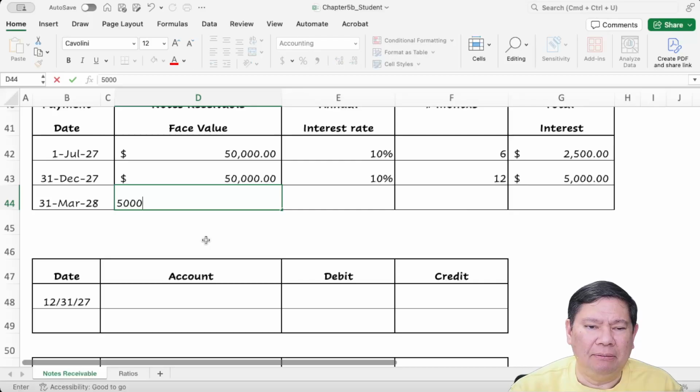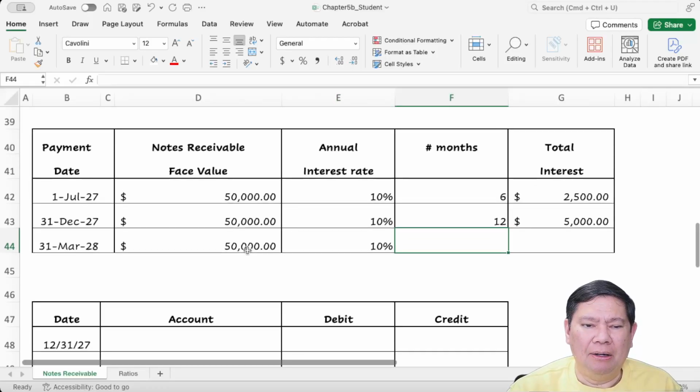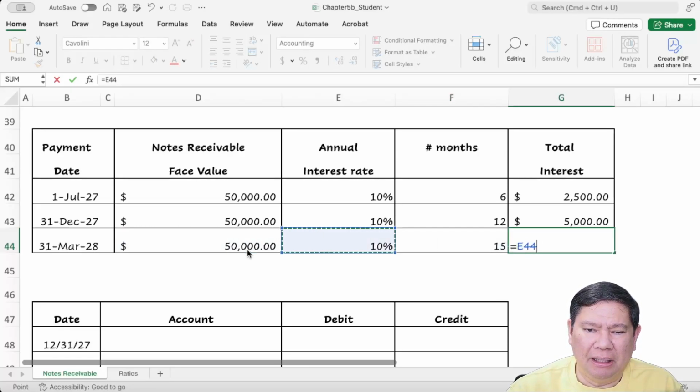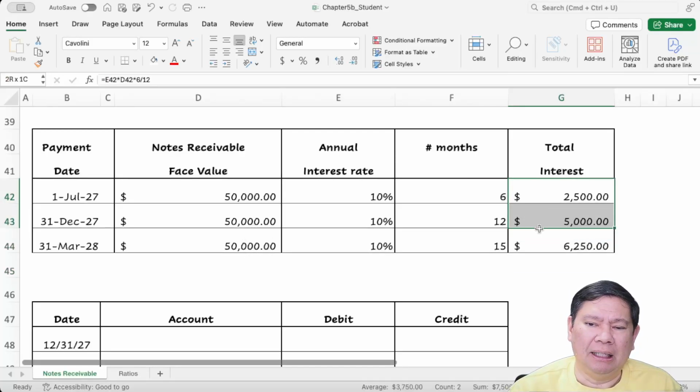The face value is still 50,000. The interest rate is 10%. Okay, but now 12 months plus January, February, and March, 3 months plus 12 is 15 months. So the total interest will be 10% times $50,000 times 15 divided by 12, going to be 6,250. So that's how we calculate the total interest that we are going to receive depending on the payment dates.